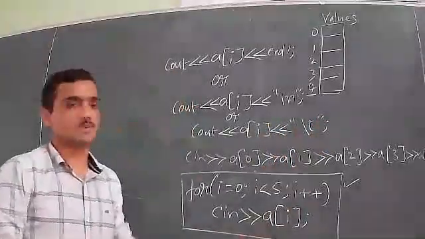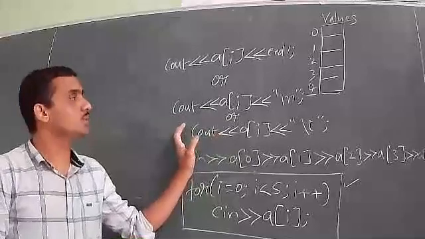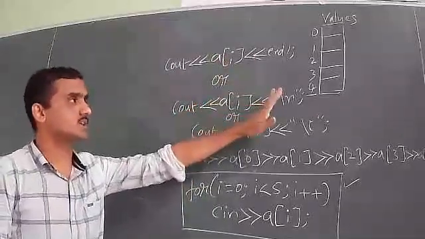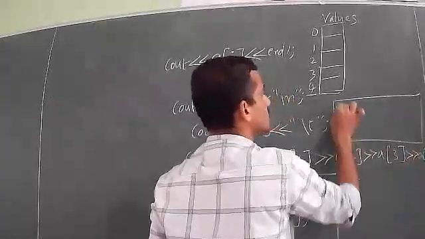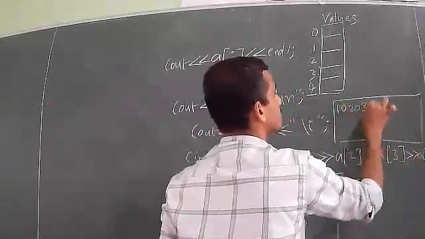Any one of these you use. Why? Because if you don't use endl or \n or \t, the values in the console screen will be displayed like this: 10, 20, 30, 40.